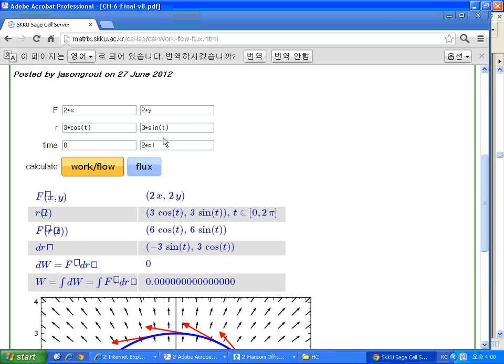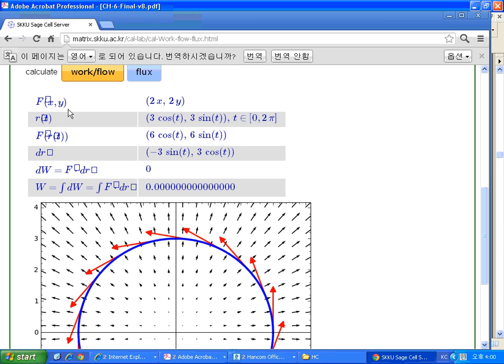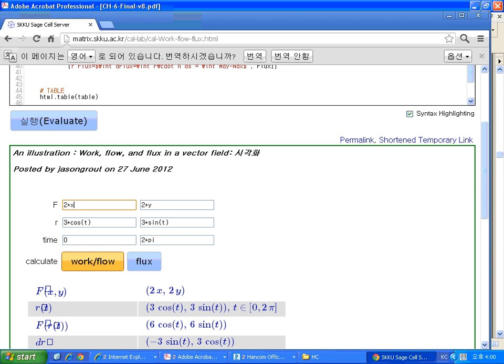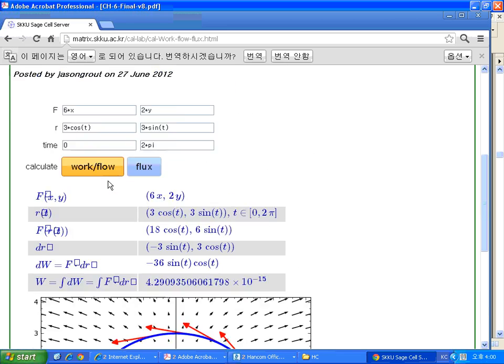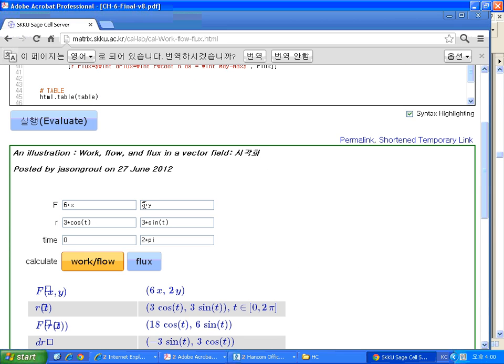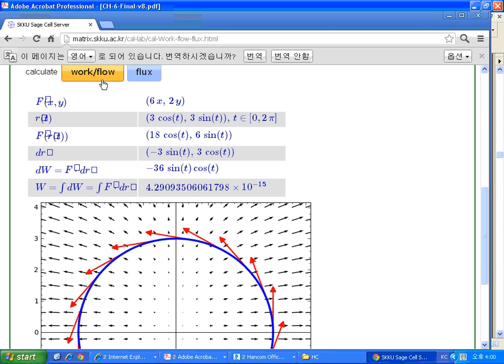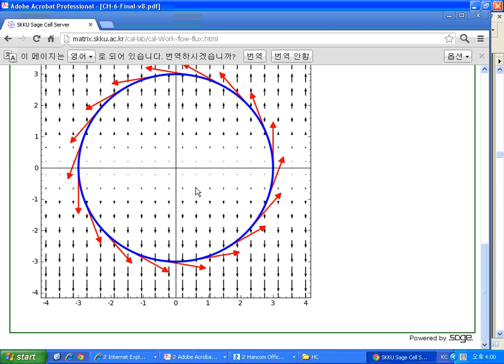So this is all single variable, but you will see the work with multiple variables like this, and with different functions like this, then you can find the work, and you will see the changes of the situations.